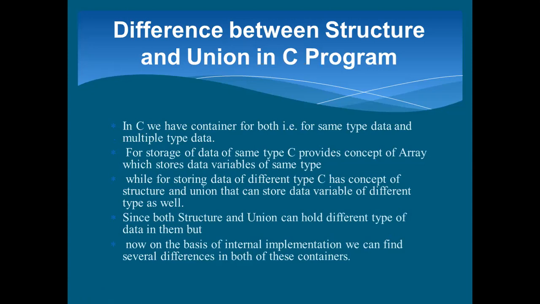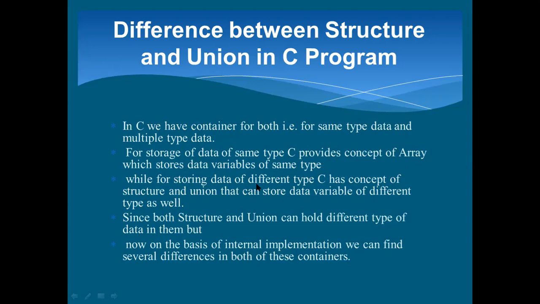Now we'll see the differences between structure and union. In C, we have containers for both same-type data and multiple-type data. For storage of same-type data, C provides the concept of an array, which stores data variables of the same type.